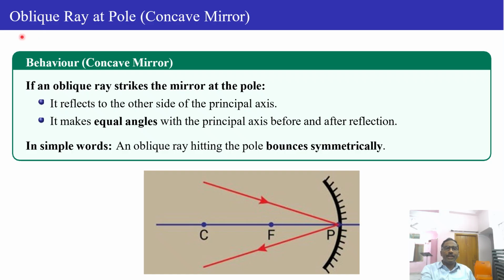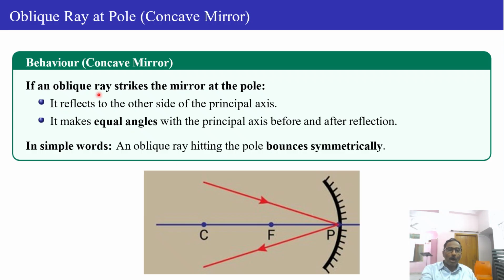Now you can see the oblique ray at the pole. How is the ray which is oblique at the pole reflecting? It is making the same angle with the principal axis.